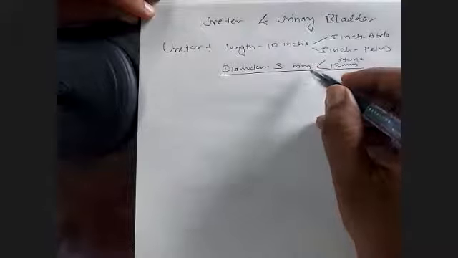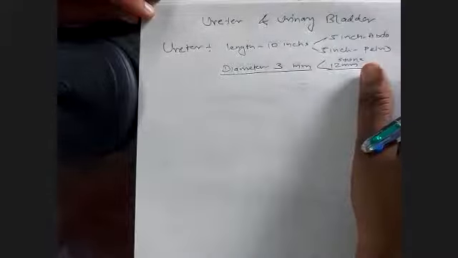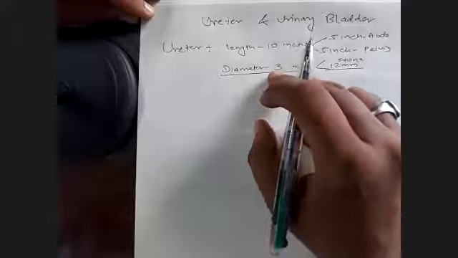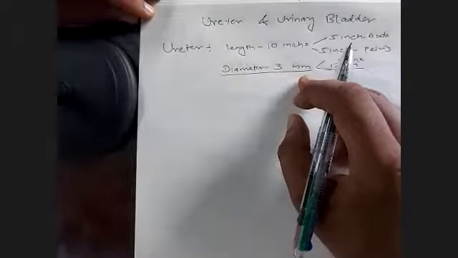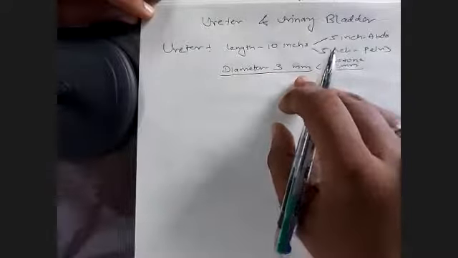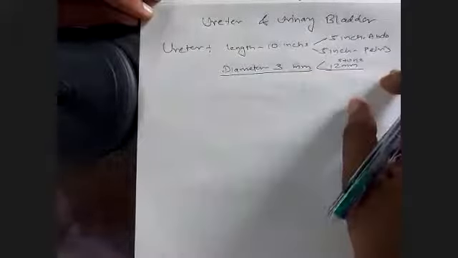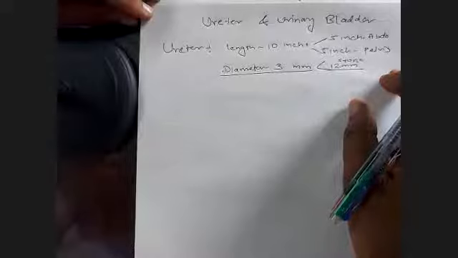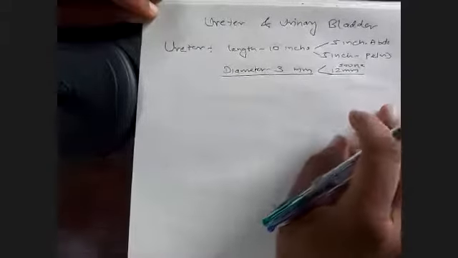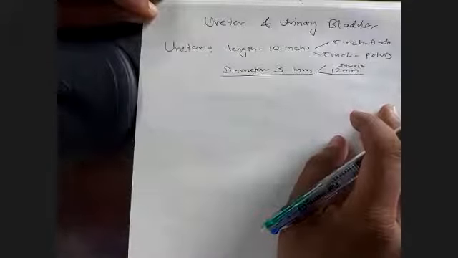Maximum 7 millimeter stone can pass through a 3 millimeter diameter ureter by dilating it by hydrotherapy. But beyond 1 centimeter, it is very difficult. And that is one reason we should be knowing the anatomy of the ureter.